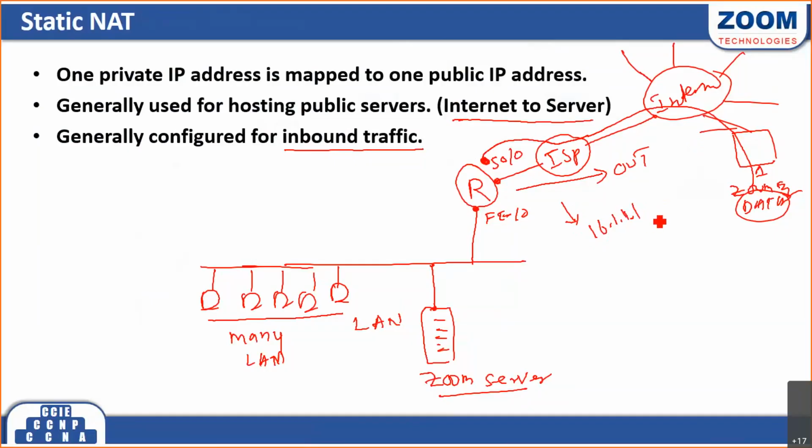So whatever traffic is coming to 16.x has to be mapped to my Zoom server. Zoom server has private IP 10.0.0.100 configured. So 16.1 traffic is mapped to 10.0.0.100. Your IPs are different, your IP can be any IP, because there are many students trying to access. So you are not the source. The traffic is generated, comes to the WAN port, from the WAN port to the LAN. Here it is translating the 16 network to the 10 network. Static, one-to-one mapping.